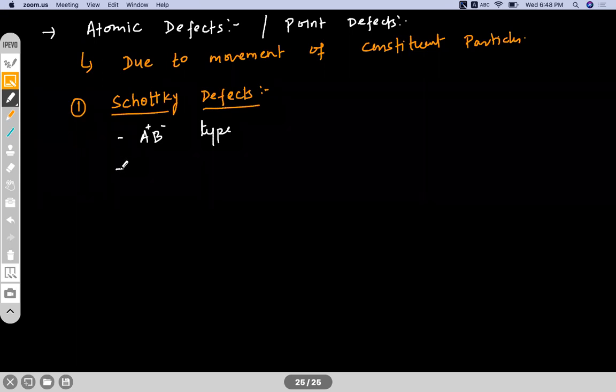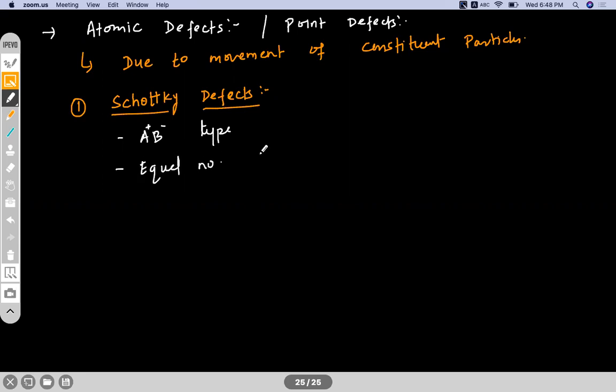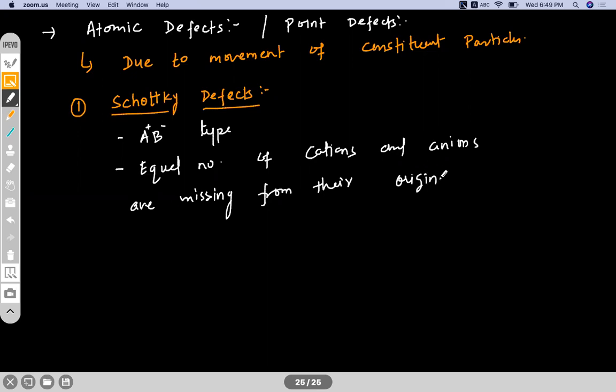And in this type, an equal number of cations and anions are missing from their original or normal lattice sites.